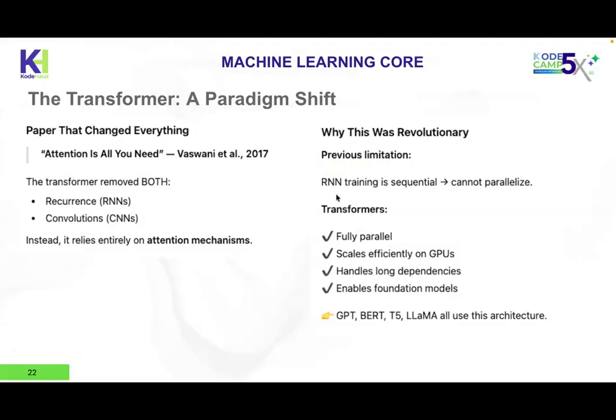But they just came and said, hey, we don't even need an encoder. We don't need a decoder. We don't need recurrent neural networks. We can just use basic feed-forward networks, which are dense layers. The attention is enough.